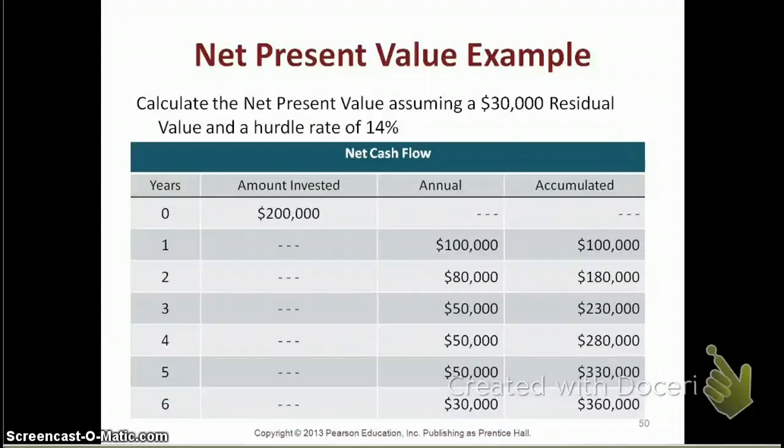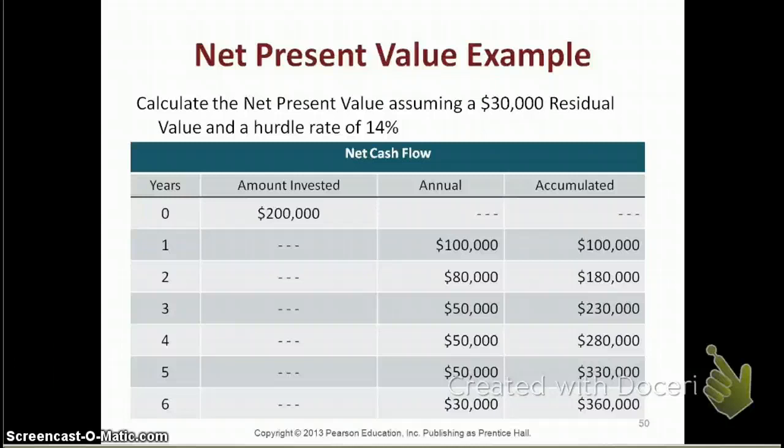So if you are trying to figure out the present value of year one's cash flow, you are going to look at an interest rate of 14% in your lump sum present value table, and you're going to look at 1 being the period, and then you would multiply whatever factor you get by 100,000 to bring that 100,000 to present value.